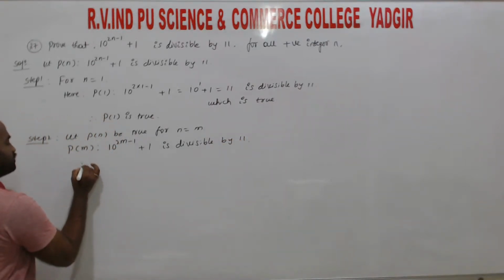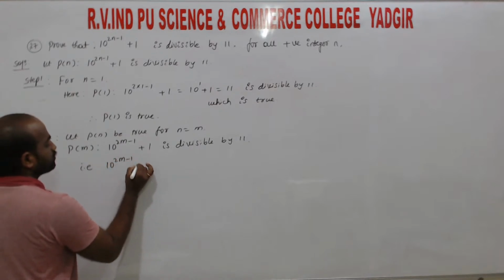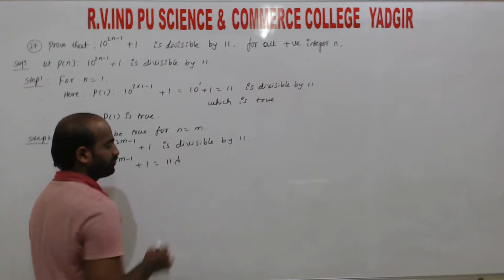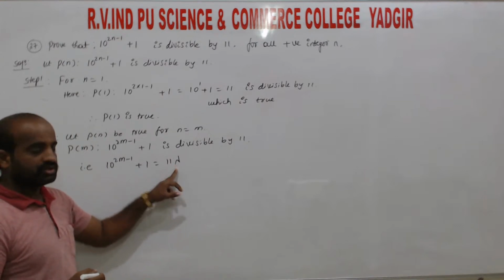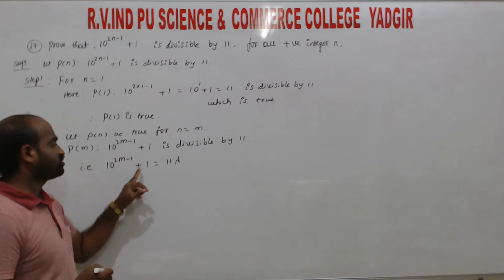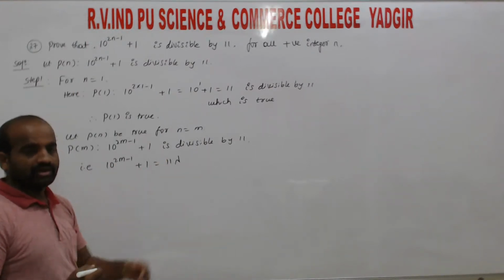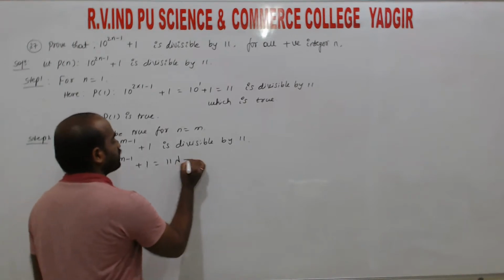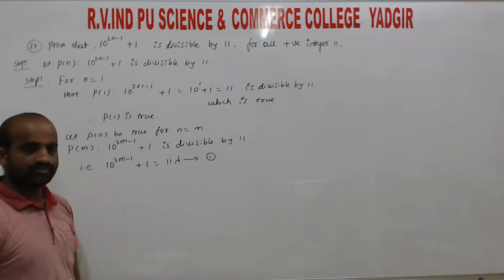That is, we take 10 to the power 2m minus 1 plus 1 equal to 11 lambda, where lambda is an integer. This is equation 1.